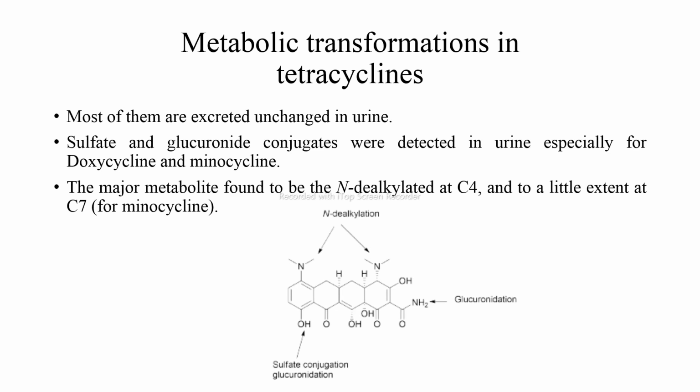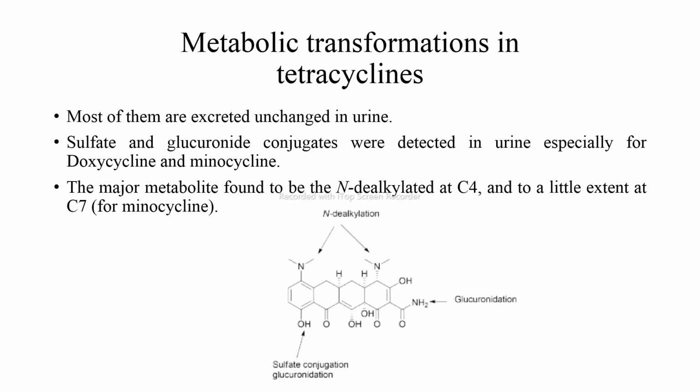It involves sulfate conjugation and glucuronide conjugation, whereas phase 1 involves lots of common reactions: oxidation, reduction, deacetylation, deamination, hydrogenation, dehydrogenation, etc. So all these types of reactions are there in phase 1, whereas sulfate and glucuronide conjugation are there in phase 2. So I think you are aware of this.